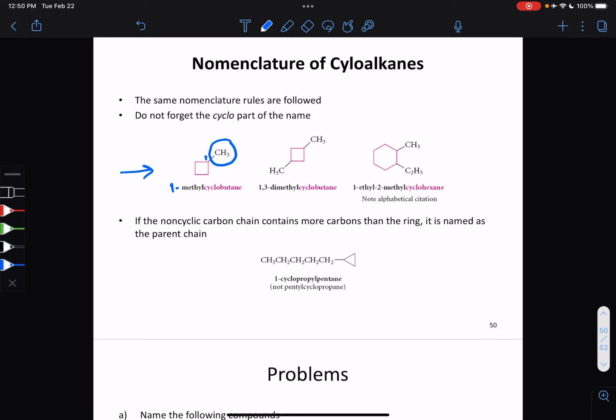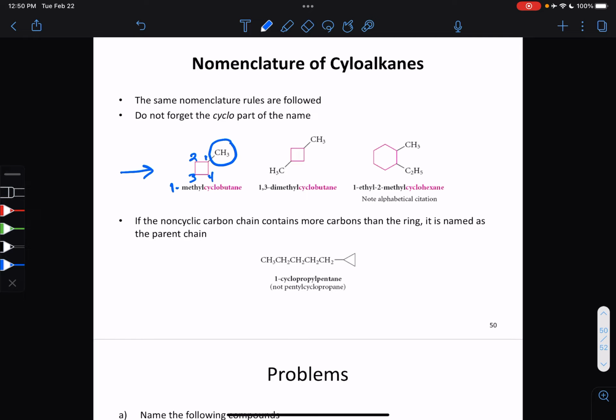It doesn't matter. I'll go left. 1, 2, 3, 4, like that, because remember, we want the branches to have the lowest number possible. So if you just have 1 branch off your cyclic structure, it has to be attached to carbon number 1 of the cyclic structure. So you don't need to put the 1 in that case. You can if you want, but you don't need to.